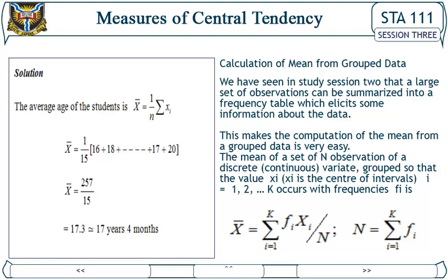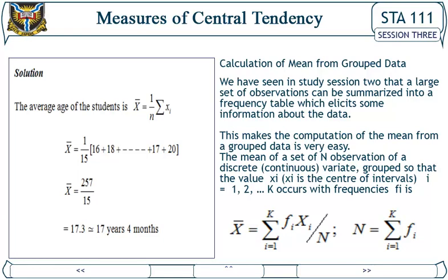Calculation of mean from grouped data. We have seen in study section 2 that a large set of observations can be summarized into a frequency table which elicits some information about the data. This makes the computation of the mean from grouped data very easy.